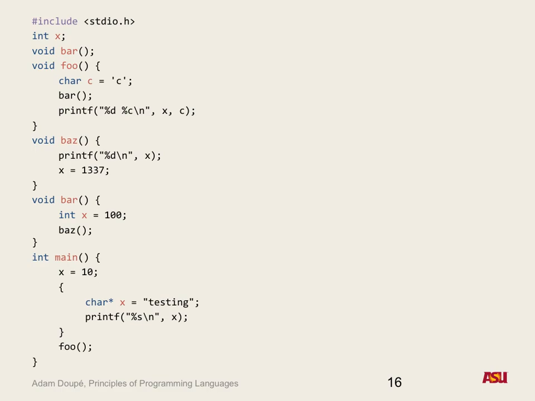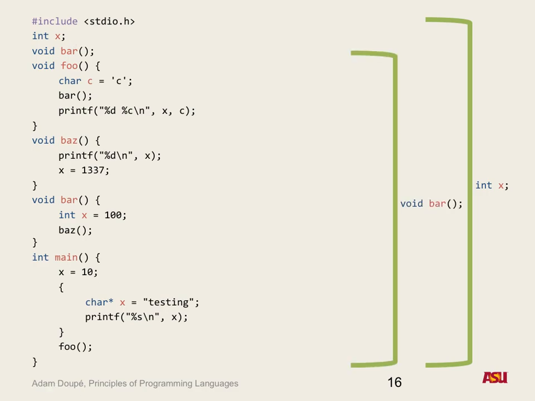We're saying that no matter how this program executes, this instance of X here is going to refer to this declaration of X. And we know that because for every declaration we can calculate, based on the scoping rules of our language, that X is valid here all the way to the end of the program. Just like bar is valid from there all the way to the end of the program.